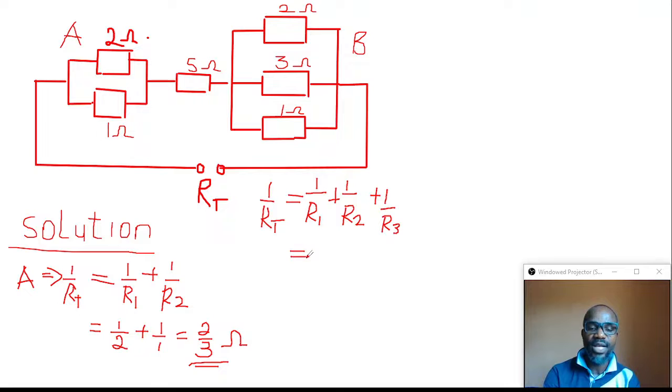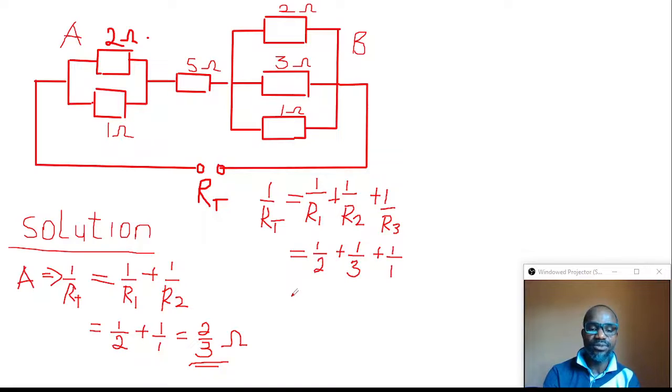We quickly substitute 1 all over 2 for the first resistor, offering resistance 2 ohms, then plus 1 again all over 3 for the second resistor, offering resistance 3 ohms, and then plus 1 all over R3 for the third resistor offering resistance 1 ohm, right?